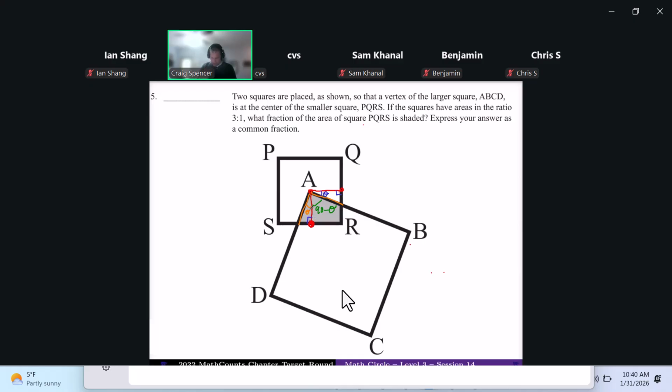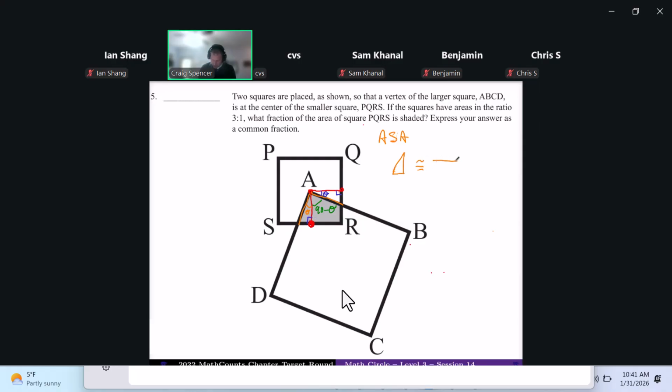For those of us who've had a little geometry, we have angle-side-angle congruence. All 3 of these angles need to be the same, and one of the side lengths matches up. So this triangle is the same as this triangle over here with a little rotation.